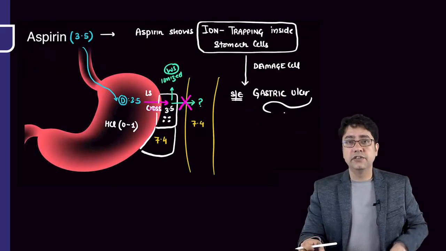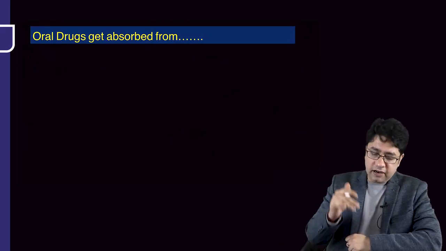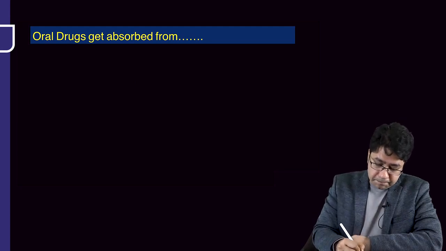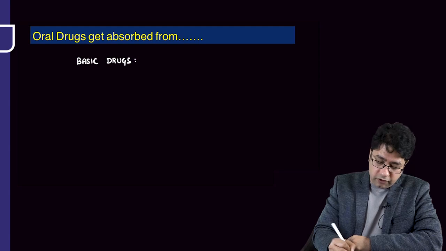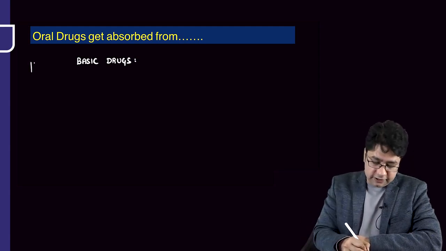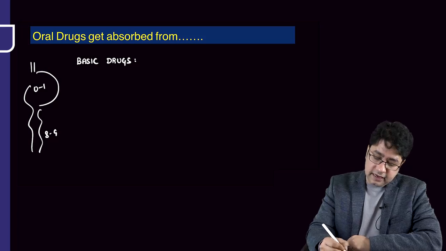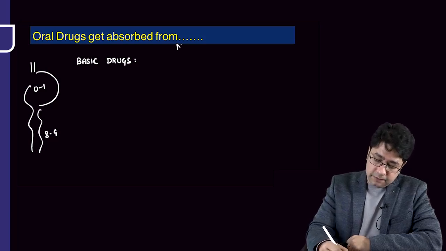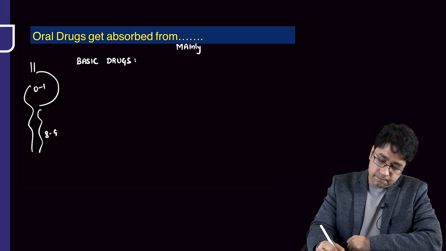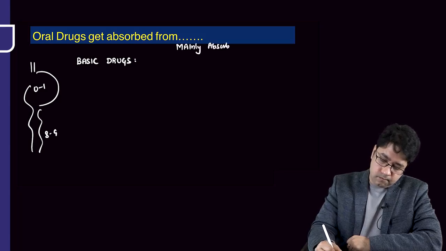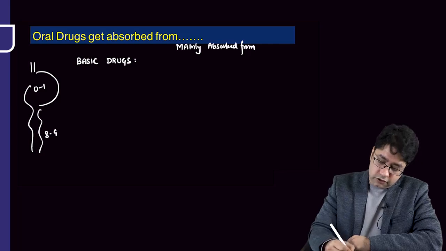Now, let me ask you another question. If I give a basic drug, can you tell me whether basic drugs mainly get absorbed from the stomach or small intestine? So I'll make the stomach and small intestine for you. So basic drugs are mainly absorbed from the small intestine.